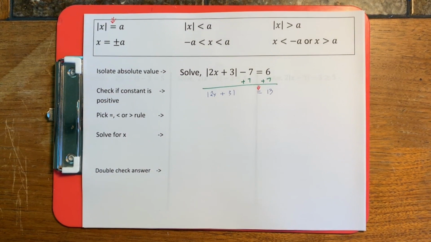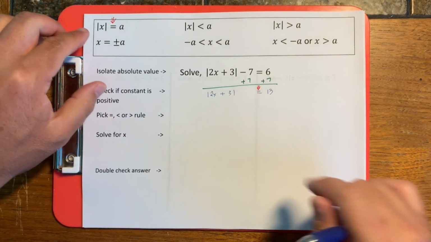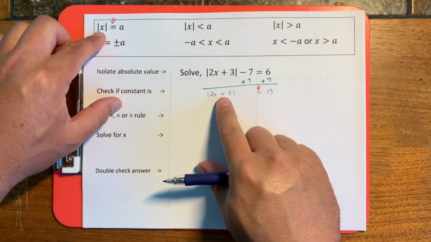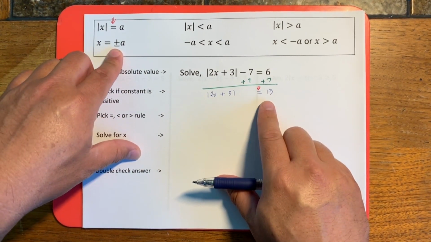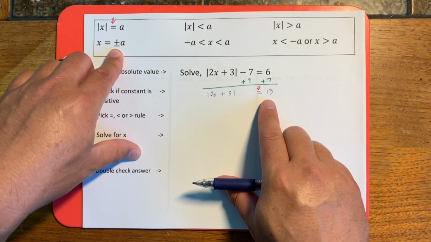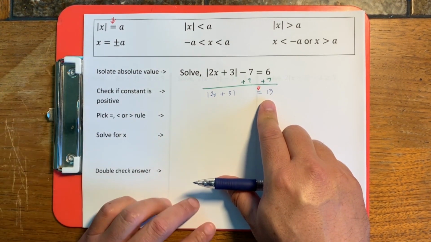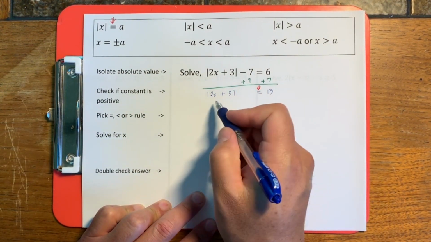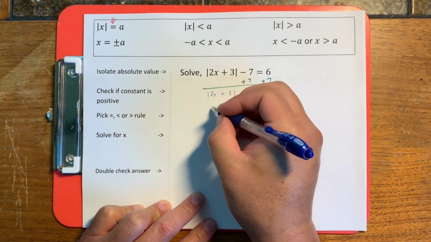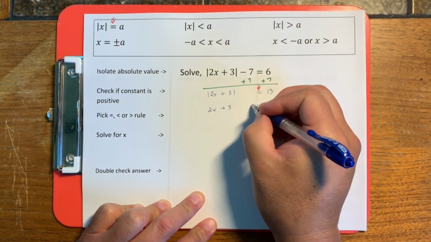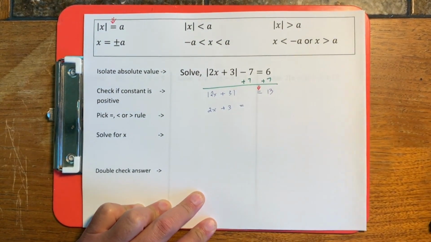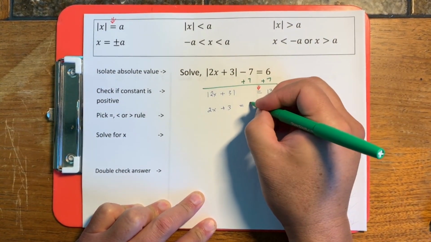So this is the rule that we're going to use. Now, if we do pattern matching, we can see that if I want to get rid of the absolute value, then I have to add a plus and minus to the side opposite of the absolute value. So we're going to get rid of this absolute value, and then on this side, we're going to add a plus and minus.